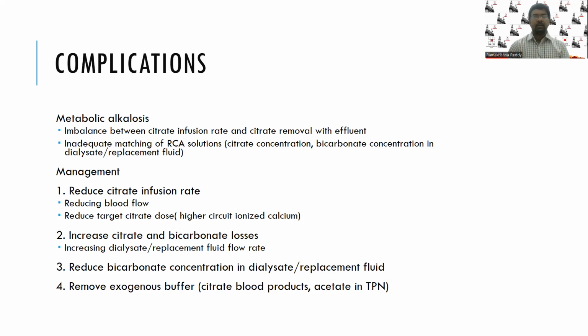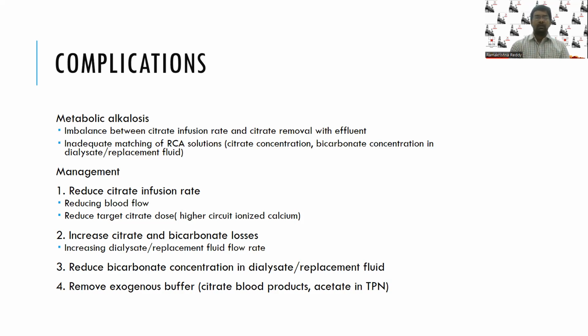This can lead to metabolic alkalosis, because the more citrate is delivered to the liver, there is increased generation of bicarbonate causing the alkalosis. Not only that, inadequate matching of the regional citrate solution, because there are various preparations available, so the citrate concentration and bicarbonate concentration are not properly matched, can lead to metabolic alkalosis also.